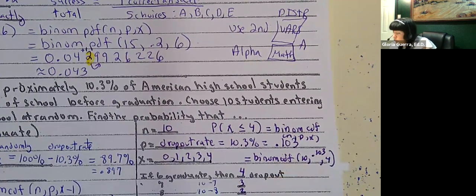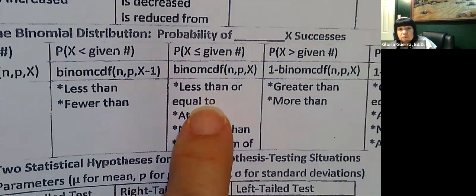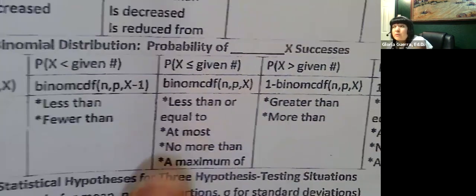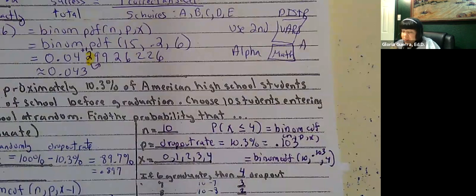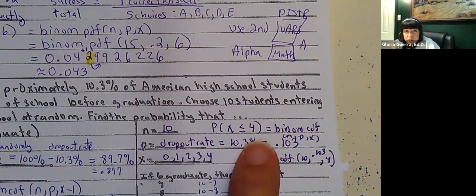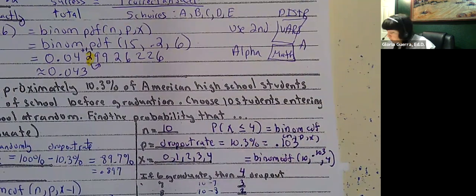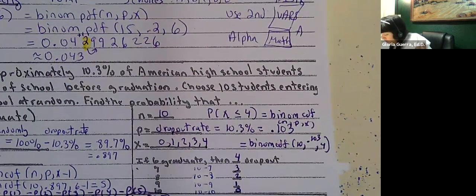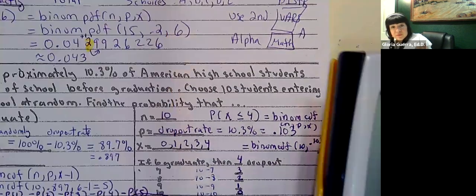So I guess you could use that. You're doing less than or equal to, right? In P of X here. So I guess that's like thinking what's the complement of at least 6. At least 6 or more, the complement would be less than or equal to 4. But when we find the binomial CDF for this, it's going to be the same as this.